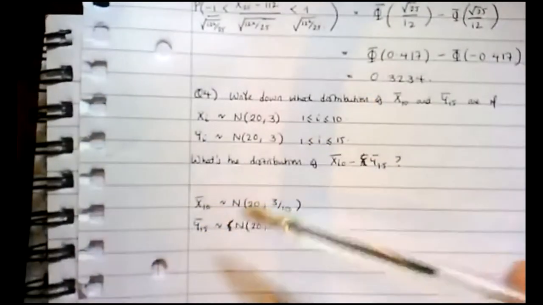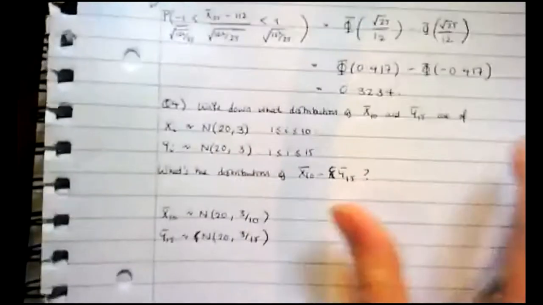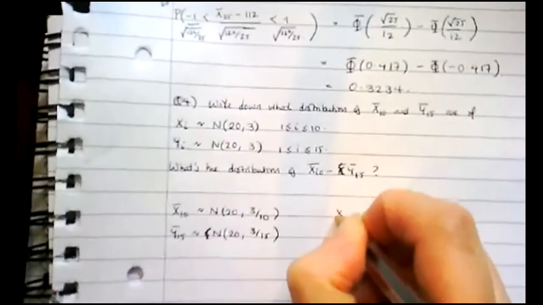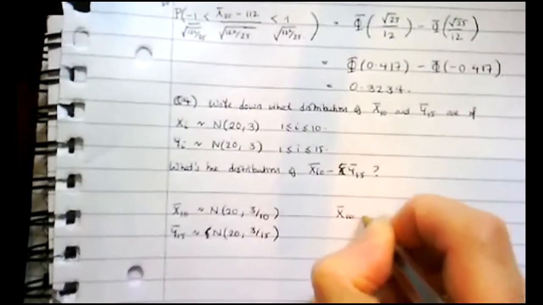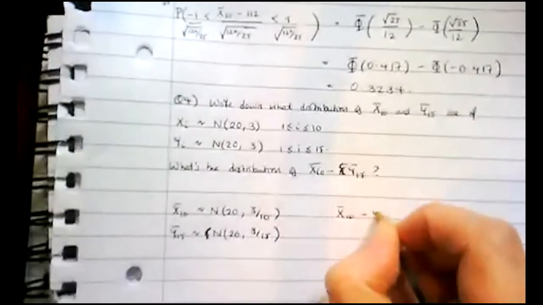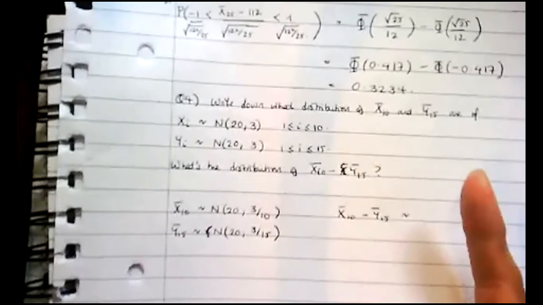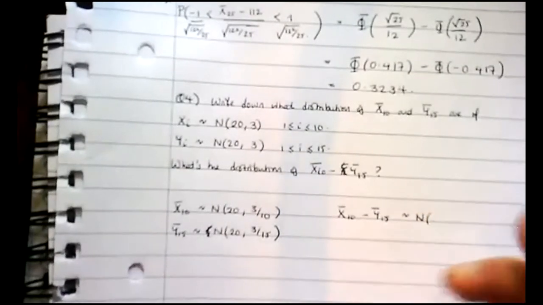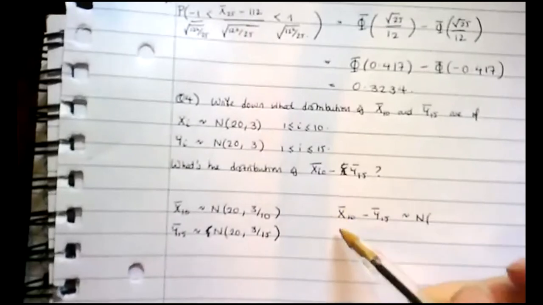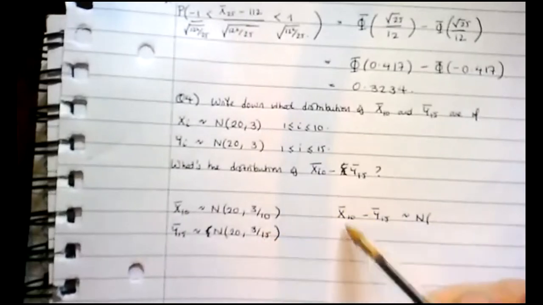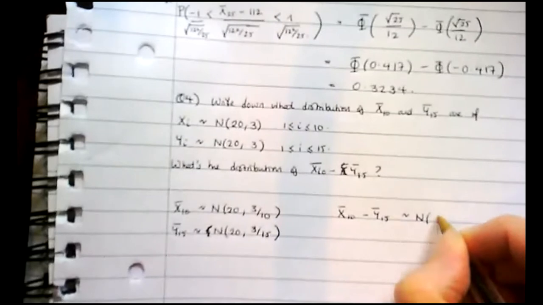So with those two in mind, hopefully we would be able to know what the difference is, because we know how to calculate the distribution of the difference between two random variables. So the difference between x bar 10 and y bar 15 is the difference between two normally distributed random variables. So it's still going to be normal. And the mean, well, both of them have mean 20, so hopefully the difference has mean 0.